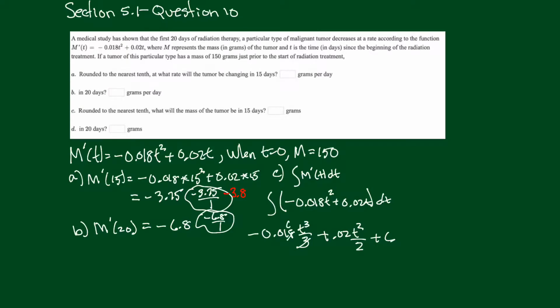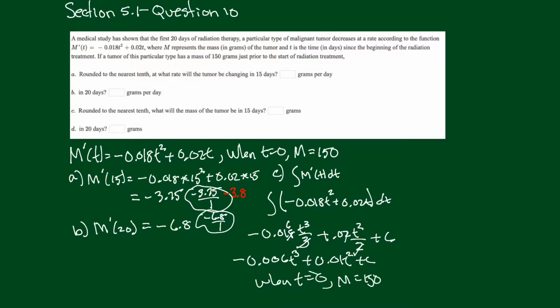Let's simplify a little bit. 3 will go into 18 6 times. We're going to get negative 0.006 t cubed plus, that 2 will cancel with that one, leaving us 0.01 t squared plus c. And now we know that when t is equal to 0, m is 150.